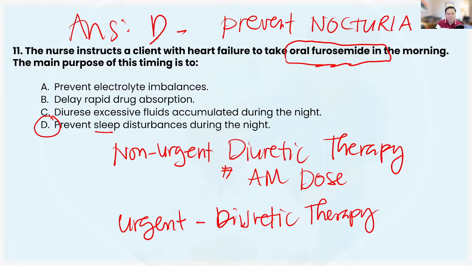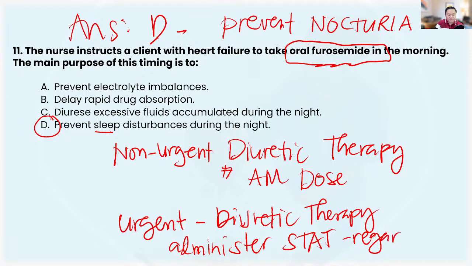No, you're going to have to treat this patient right away because of the possibility that they're having pulmonary edema. You're going to have to administer stat regardless of the time.